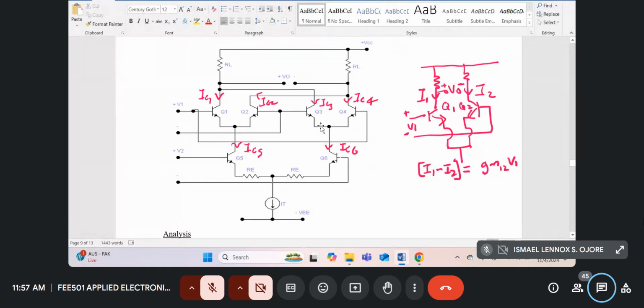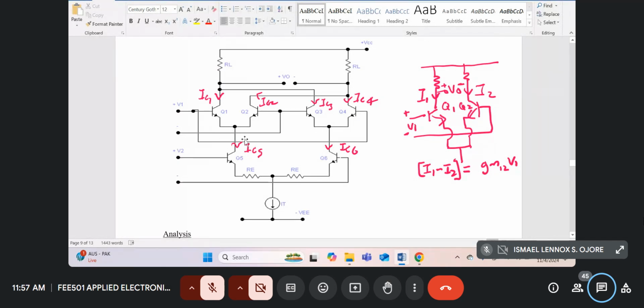Now let's apply this again to transistor Q3 and Q4. So what will it be? For this equation over here to be applied, V1 now is actually going to the base of Q4, and the collector current is I4.